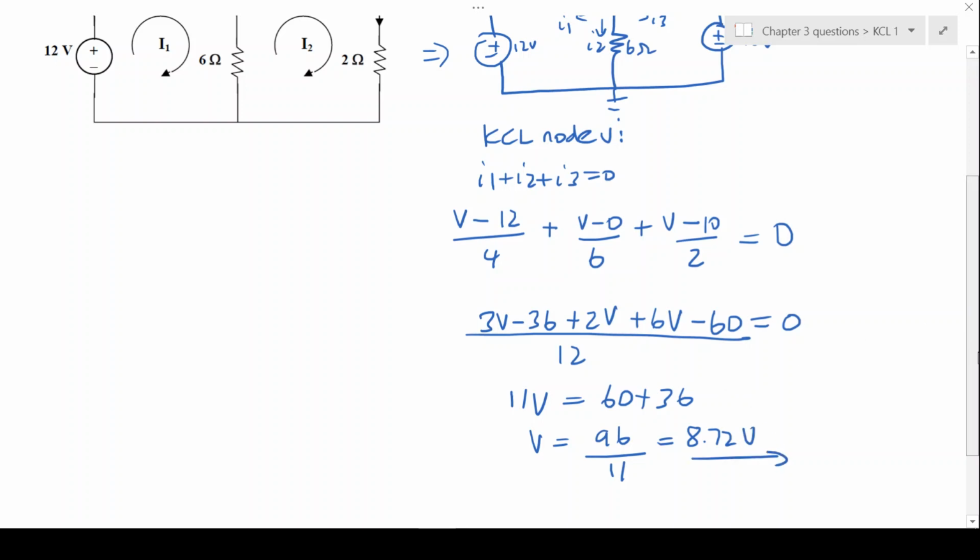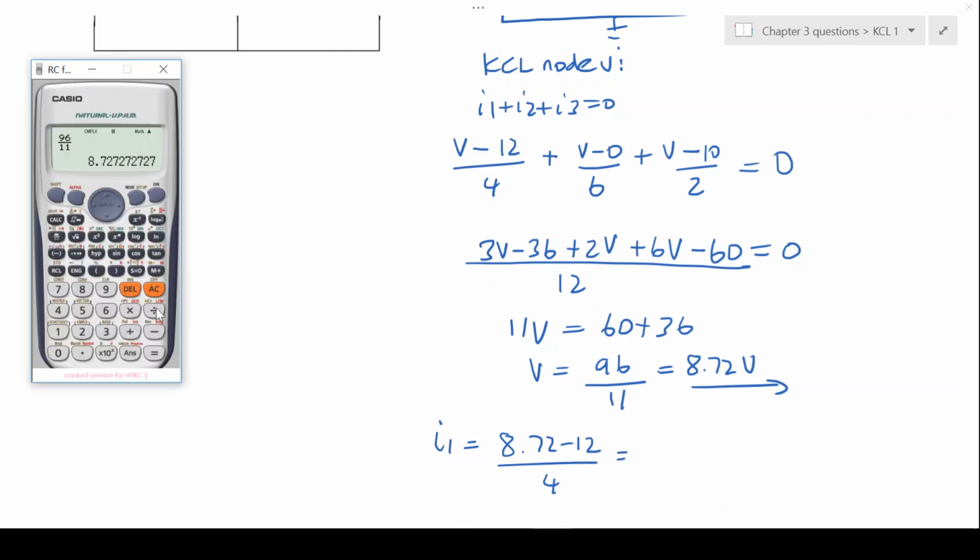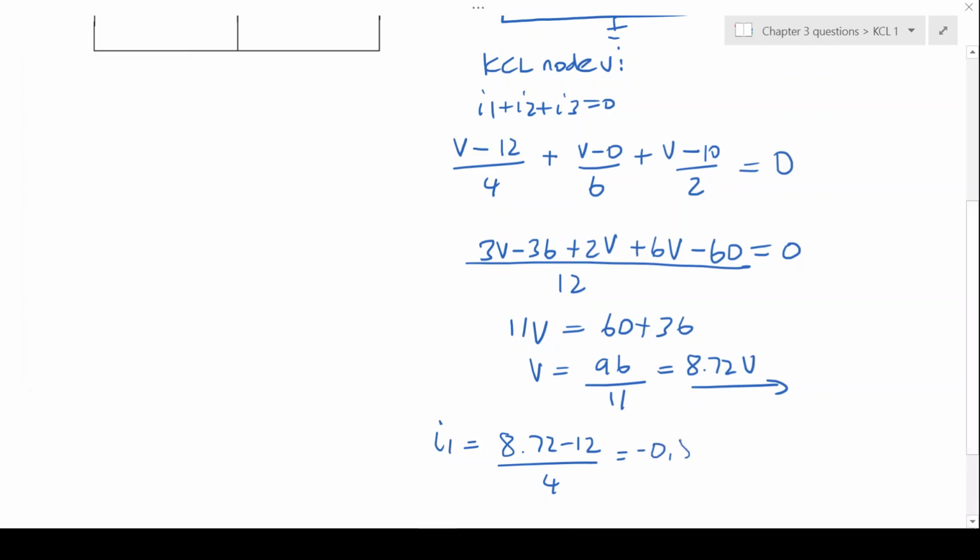Now that we have that, we know I1 is V minus 12 over 4, so that's 8.72 minus 12 divided by 4. That gives us a current of negative 0.81 amps. What does this mean?